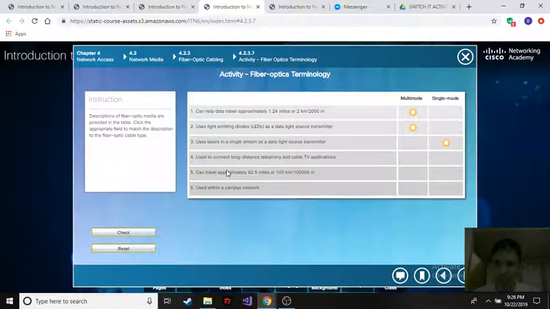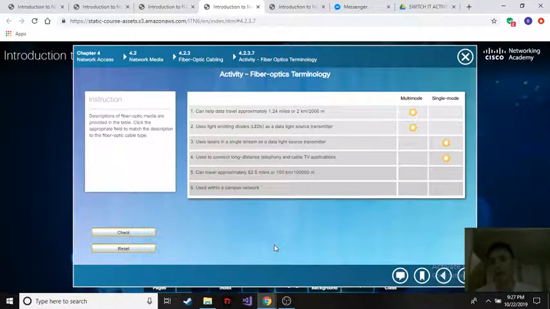The next is used to connect long distance telephony and cable TV applications. The cable type that is used to connect long distance is single mode cable type. Number 5 is can travel approximately 62.5 miles or 100 kilometers or 10,000 meters.